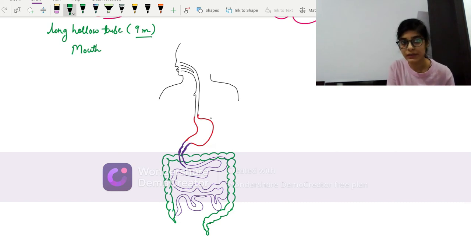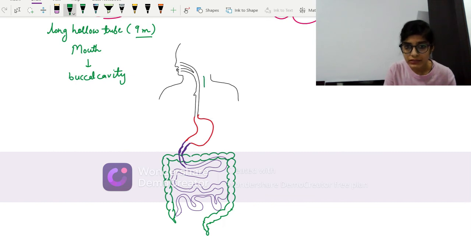This is called the buccal cavity, or we can call it the oral cavity or mouth cavity. And this buccal cavity contains saliva, cheeks, our gums, right?